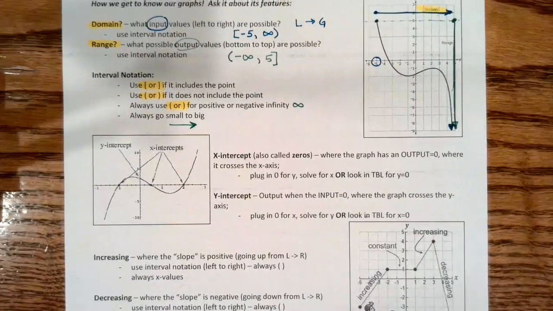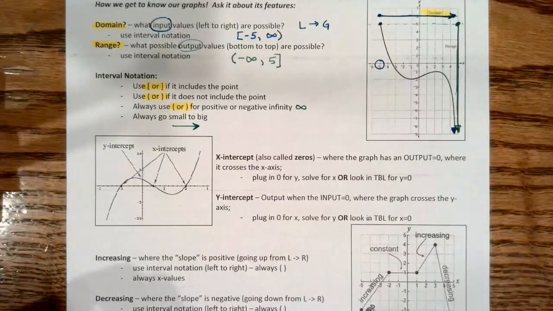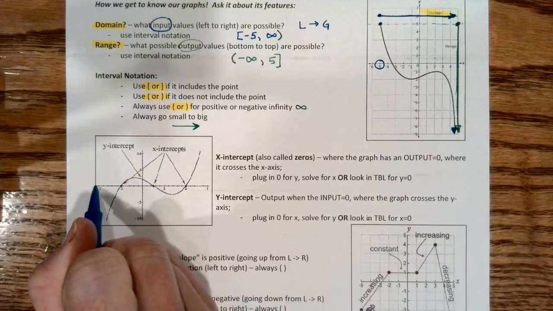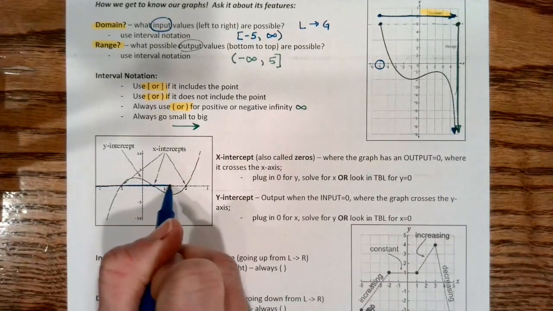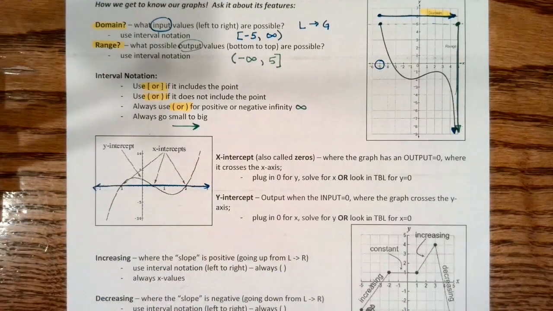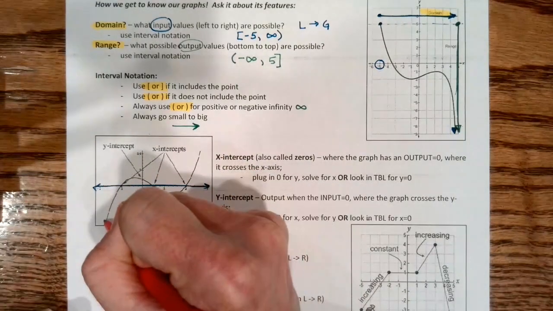When we talk about our intercepts, our x and y intercepts, make sure you understand the difference between your x's and y's. When we talk about x, we have a conversation right here. Where does this graph cross my x-axis?